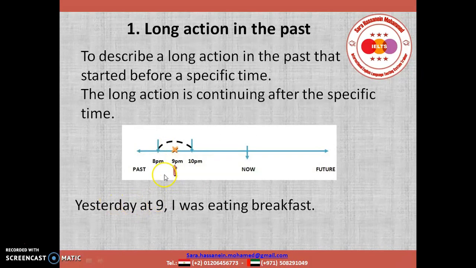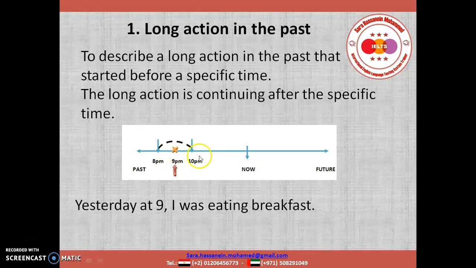So if I'm talking about yesterday at 9, I can say I was eating breakfast at 9 p.m. As you can see here, the 9 is after a specific time in the past, after 8, and it's before the finishing time, which is 10 p.m. I finished eating at 10 p.m. and I started at 8 p.m. But at 9 p.m. I was eating.